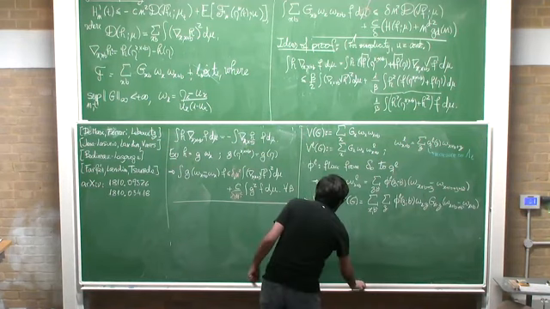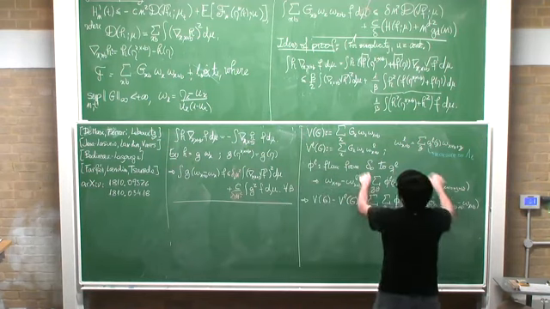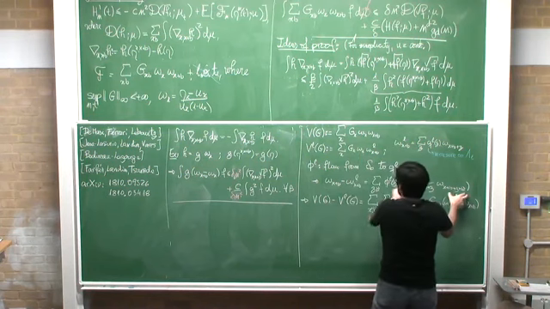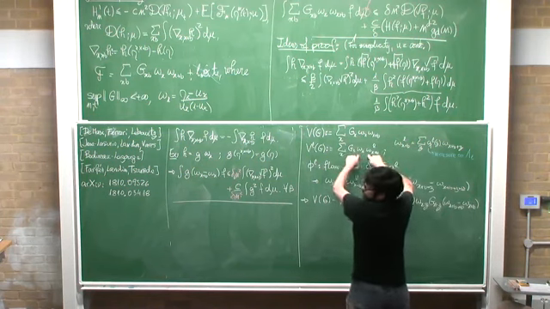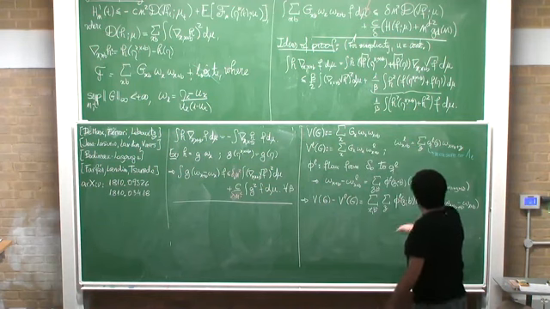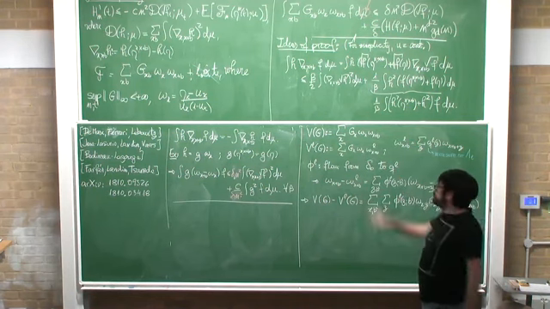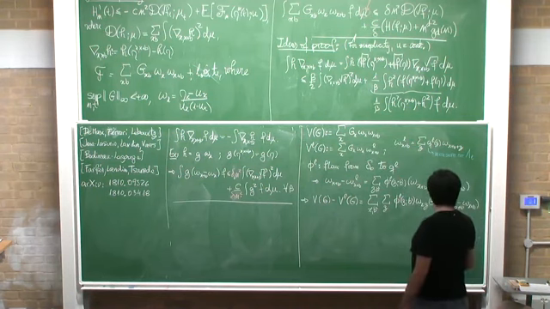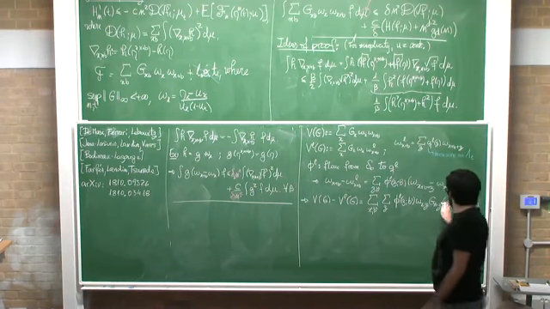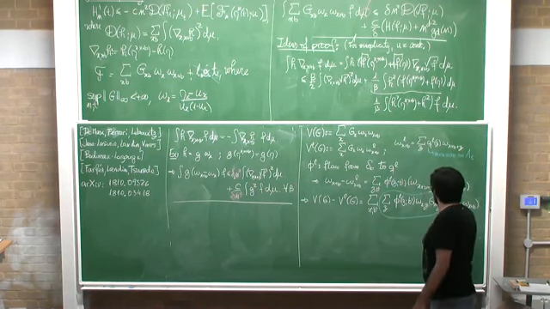Okay, so if you just plug this sum here into the difference of these two sums, and you make a change of variables between x and z, you get this, and this is your nice gradient, and this is the function g.